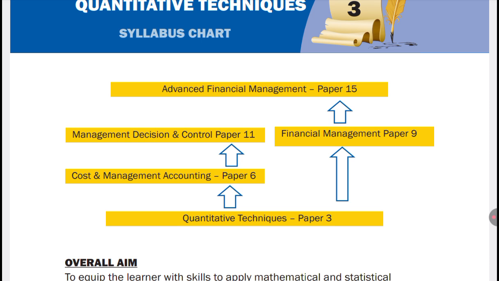It can also help you in your management decision and control paper, that's the paper on level 2, that's MDC, and also financial management. Then it pushes to level 3 in terms of advanced financial management.